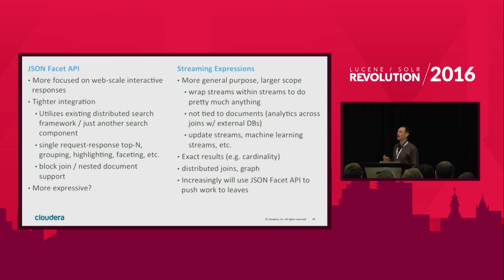But I think it'll also continue to work more with JSON facets in the future as a way to push down computation. When you get these big, complex things, the more we can push down into the nodes, into our smart leaves, and utilize the Lucene indexes that we have, the better off, and things will be much faster.